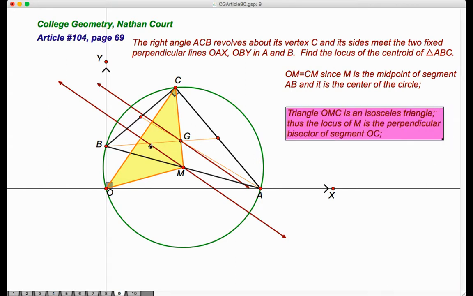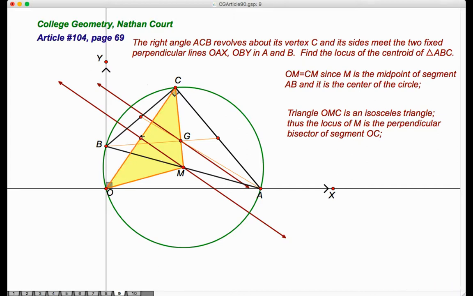Let's locate the midpoint of segment OC. There you go.